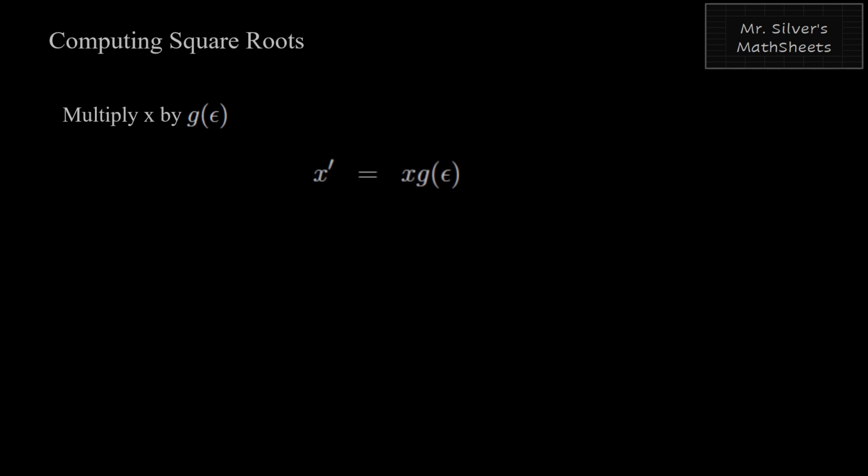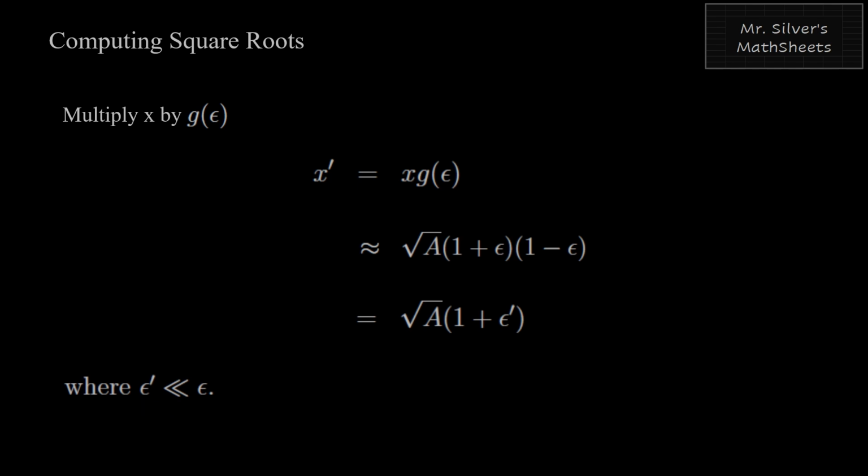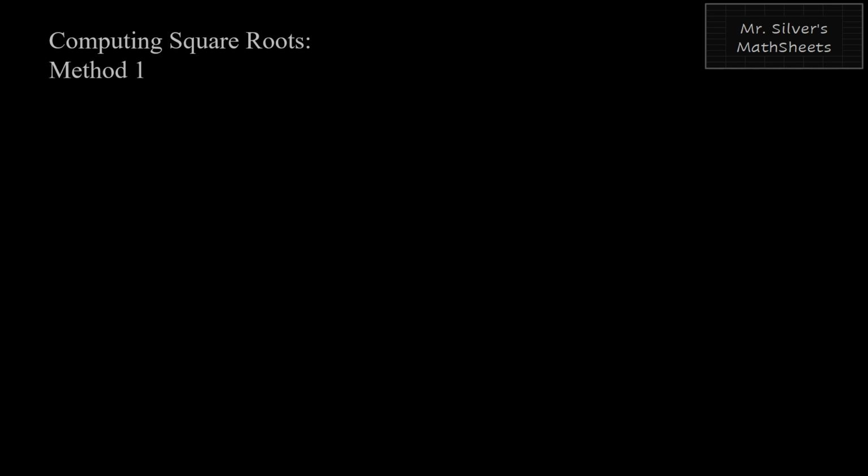And we will use that to update our estimate, because when we multiply, we'll combine a 1 plus epsilon and a 1 minus epsilon, and they'll almost cancel. They'll make an epsilon prime, which is much smaller than the original epsilon.